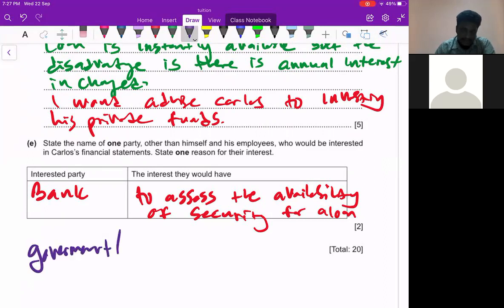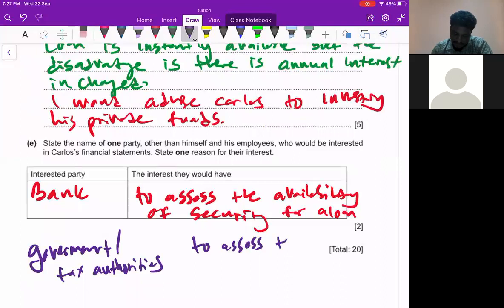Government or the tax authority. Why the government or tax authority want to see your financial statement? To assess the tax due from the owner lah. Okay, they're asking only one lah. You can choose anyone lah.